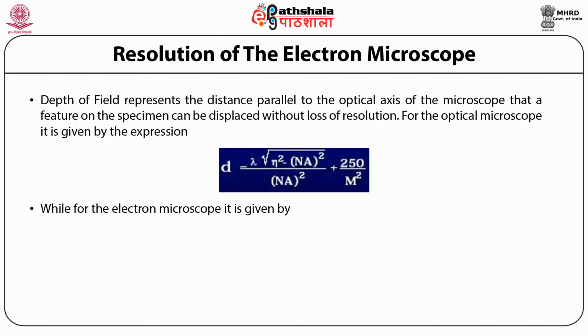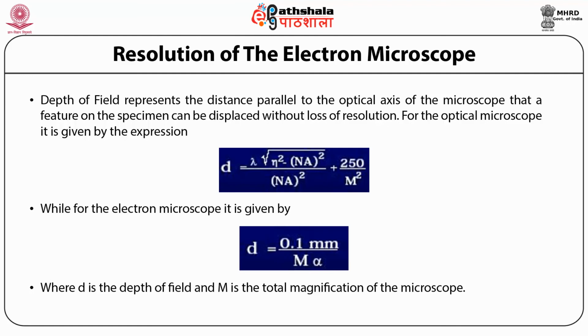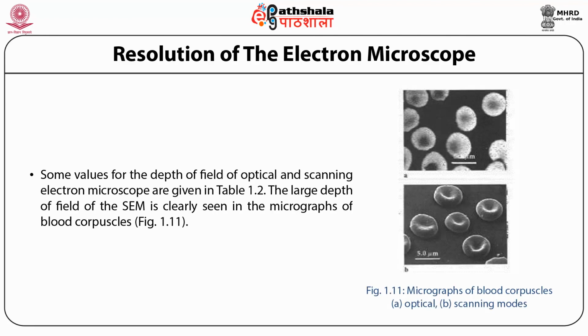While for the electron microscope, it is given by d is equal to 0.1 millimeter by M alpha, where d is the depth of field and M is the total magnification of the microscope. Some values for the depth of field of optical and scanning electron microscope are shown in table 1.2.